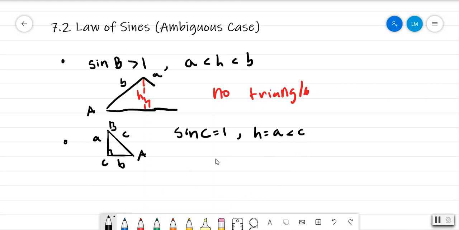So this basically just means one right triangle.